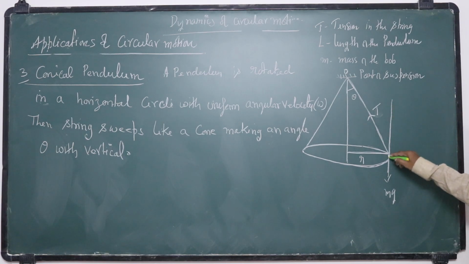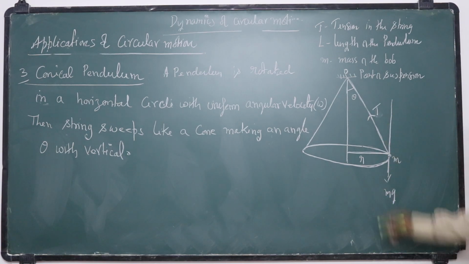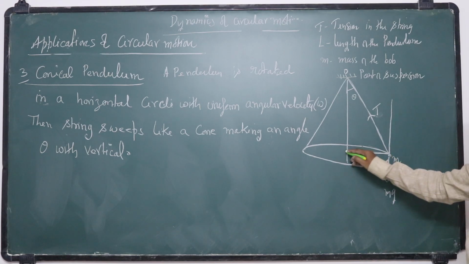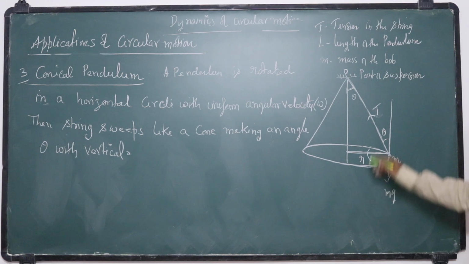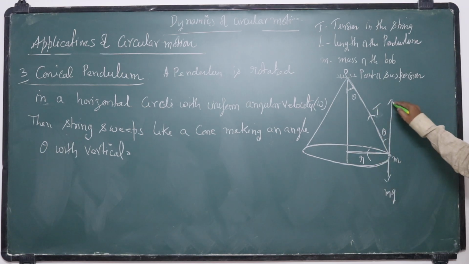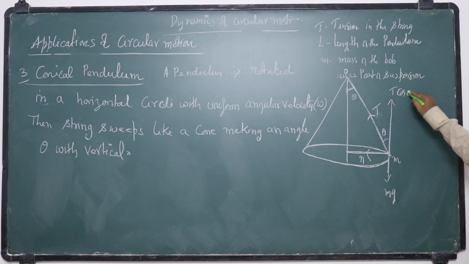The component of this tension in the string will provide the necessary centripetal force to this bob. So you resolve this tension in the string into components. If the angle is theta, then this opposite angle is also theta. If this is T, then its component here is T cos theta.